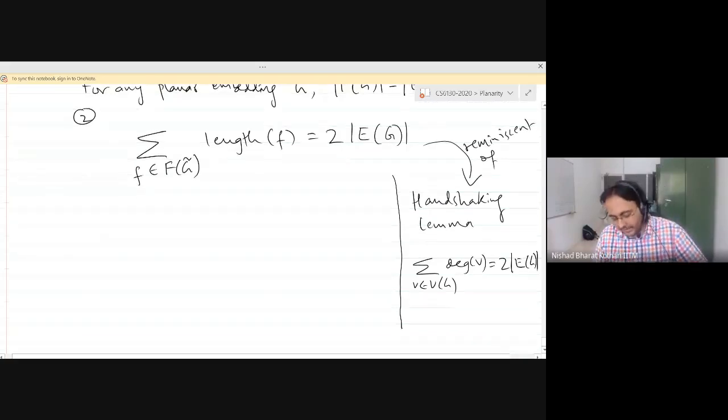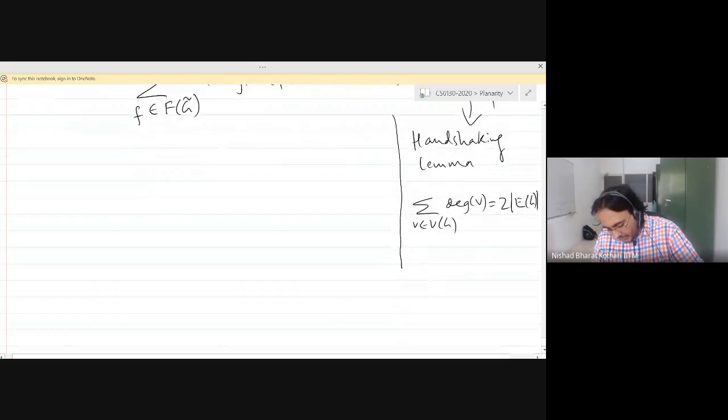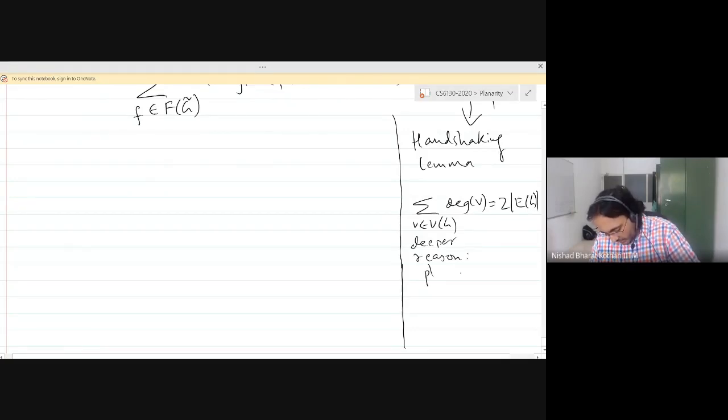There is a reason behind this. It is not a coincidence. There is a deeper reason. It is called planar duality. And we will discuss this if time permits on Wednesday. But it may or may not be part of the syllabus of the course. In any case, it is a peripheral part of the syllabus.